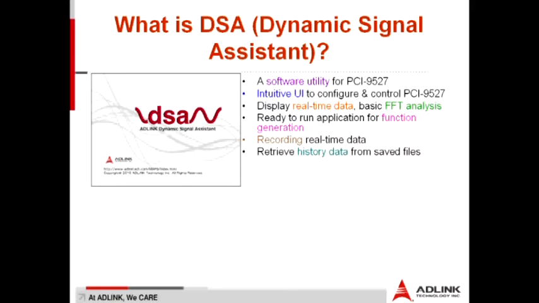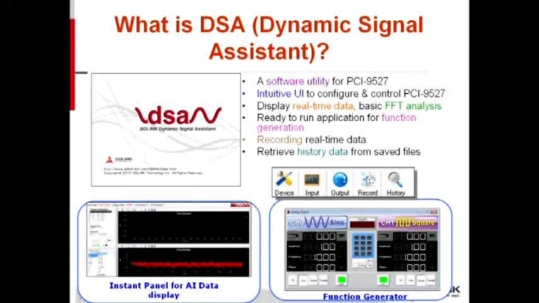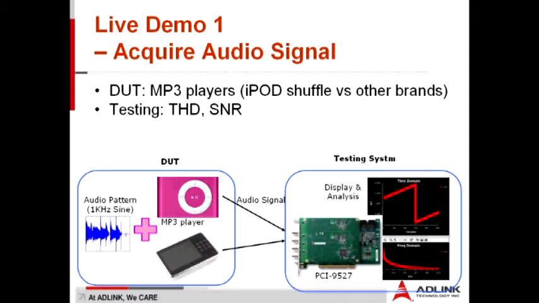The Dynamic Signal Assistant provides real-time AI data storing on the hard drive, allowing it to be used for follow-up numerical computational analysis with third-party software after the user saves the AI data into files. Finally, the Dynamic Signal Assistant can read historical data and display it on the screen. Now, let's perform actual operations of this software to allow you to have a deeper impression.